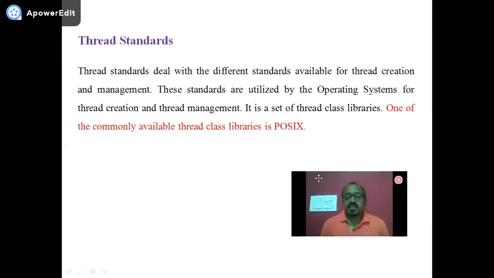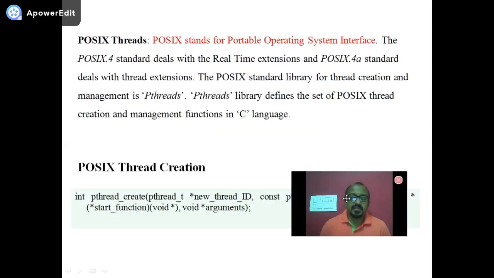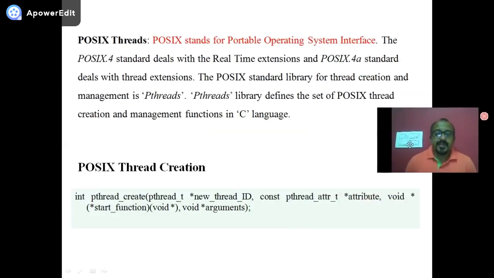So there are thread standards. To write this or for management, some standard is set. One of the commonly available thread class libraries is POSIX, Portable Operating System Interface thread standard.